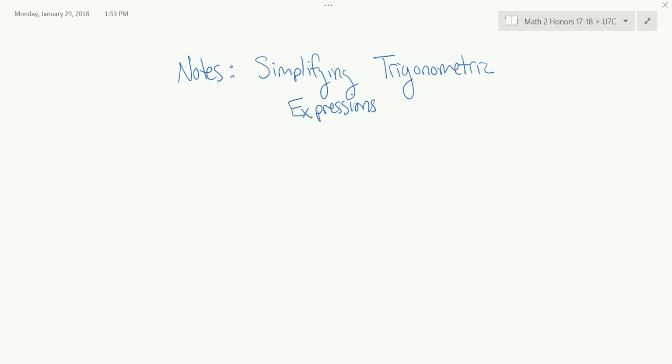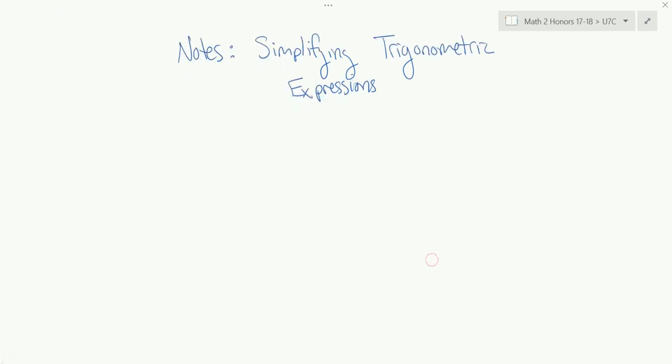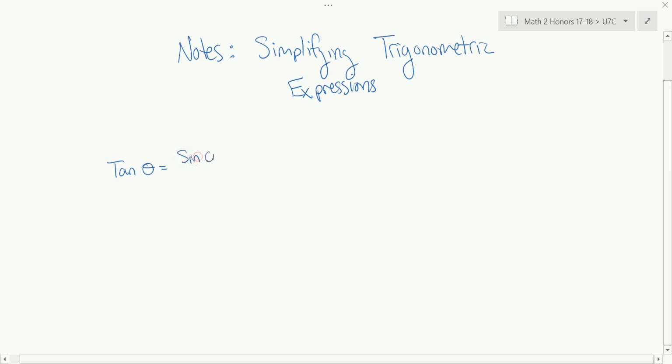Some of the ones that we know already is that the tangent of theta is sine theta over cosine theta. We know that the cotangent of theta is the reciprocal of that, and so we could write cosine theta over sine theta.